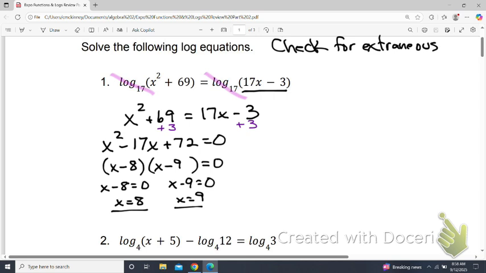But these are both positive numbers that if I plug them into either of these two places, we still get a positive number. So in this case, both answers are good, so we actually have two solutions. So it can be that you have two and that they both work.